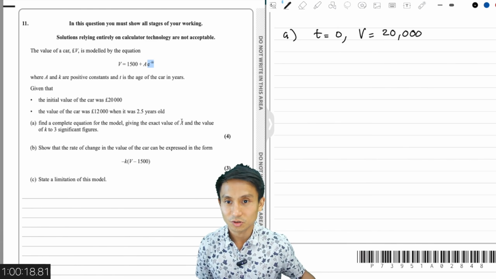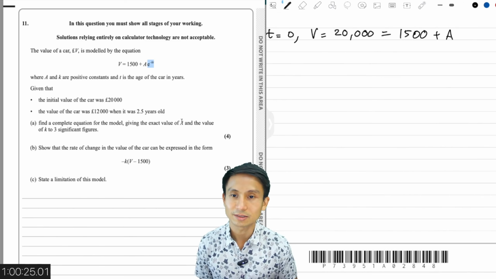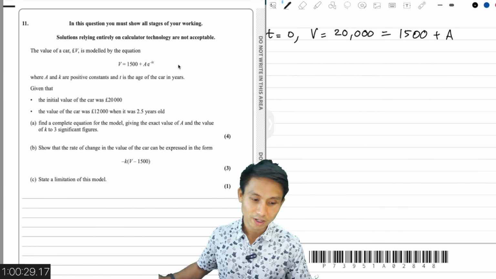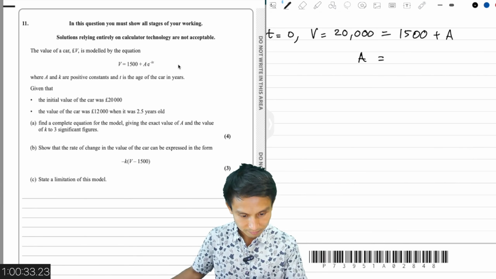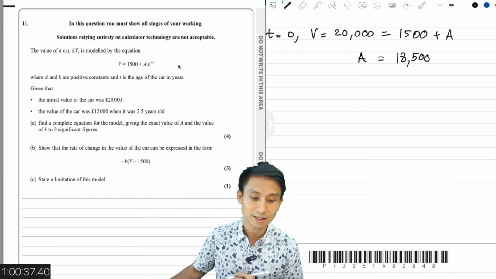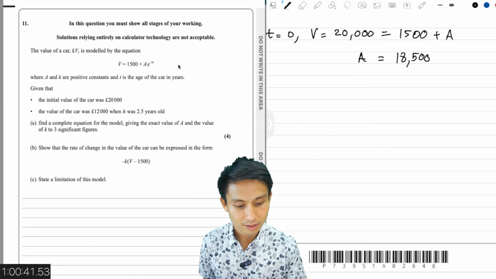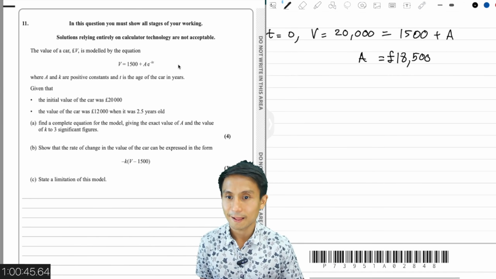So that would make this equation 1,500 plus A, because e to the power of 0 would be 1. So we have the A value there. So A is just 18,500 pounds. Okay, so that's A.